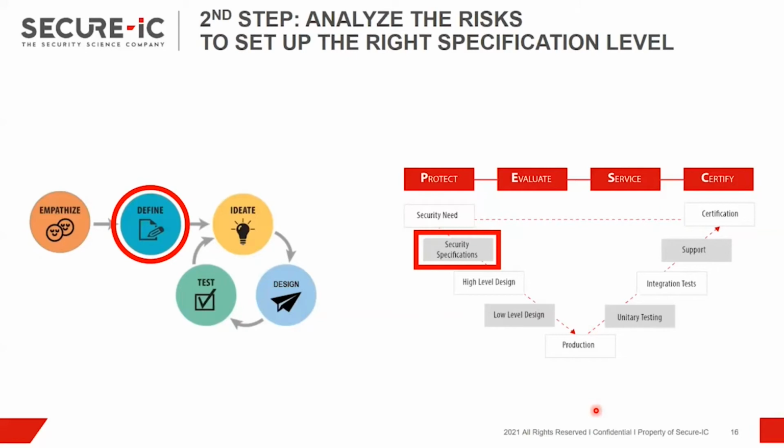Then we have the second step, which is to analyze the risk to set up the right specification level. Here we really make the threat analysis, as we will speak about just after, to understand what the potential threats on the system are and what countermeasures are to be associated to mitigate these threats and protect the system.